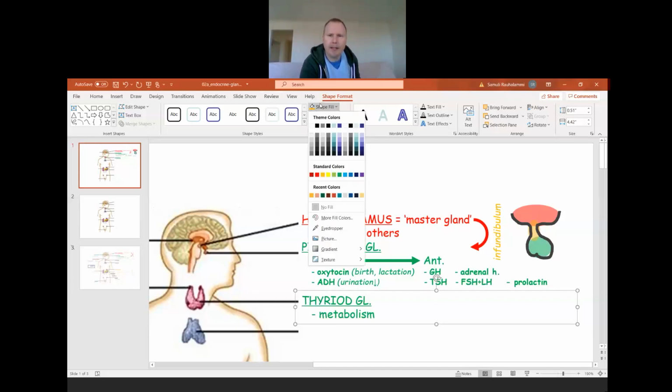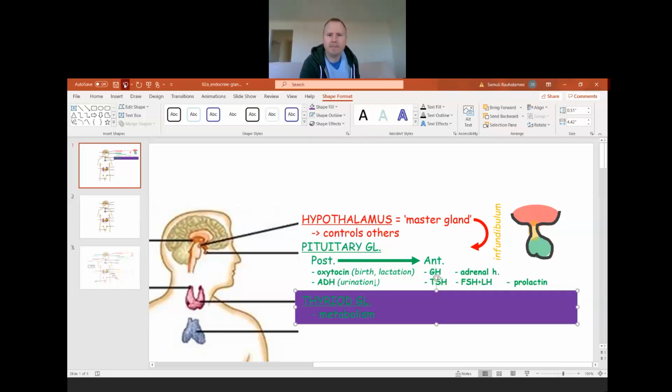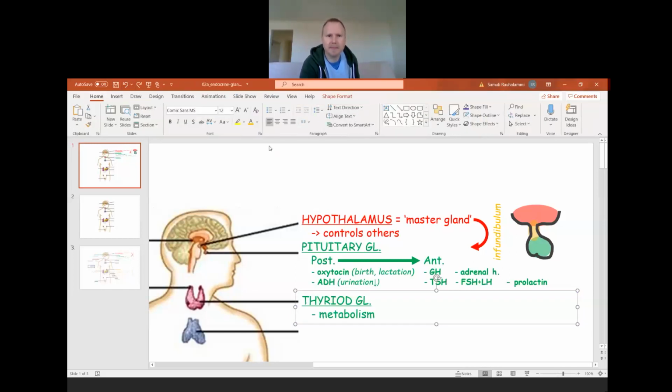Through, let's get the color here. Oh, I didn't mean to do that. This has been a little bit more of a hot mess than I anticipated. So thyroid gland issues can be associated with trouble with the metabolism.